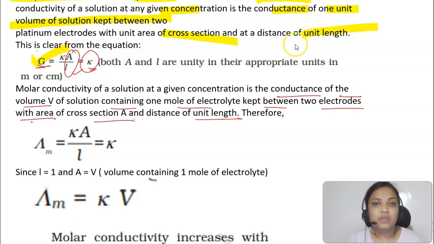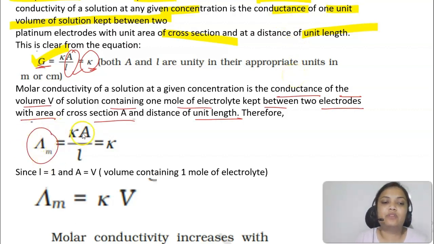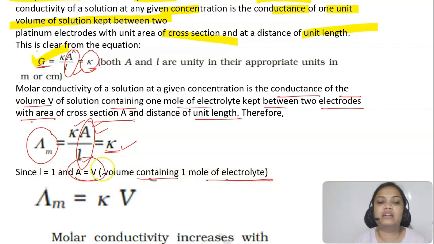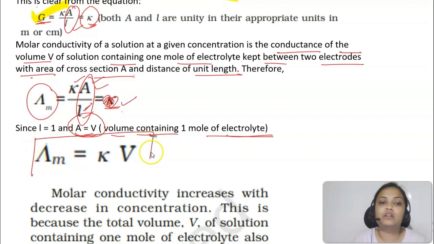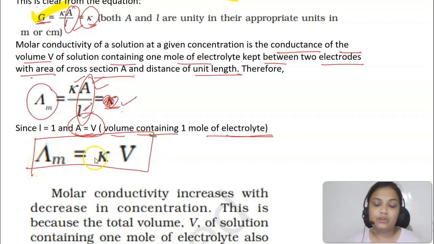From here, students, you can see that lambda m will be kappa into A upon L. Now A and L are 1, so it will be equal to kappa. For the volume containing 1 mole of electrolyte, here they are saying area would be equal to V. So instead of writing just kappa, length is 1 and A would be the volume, meaning the volume containing 1 mole of electrolyte. So lambda m would be equal to kappa into volume, that is, the volume which has 1 mole of electrolyte present.